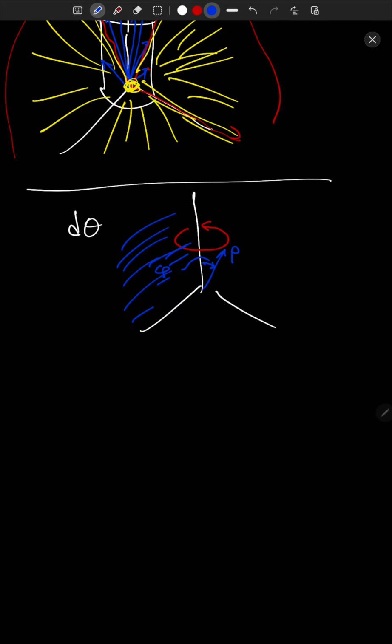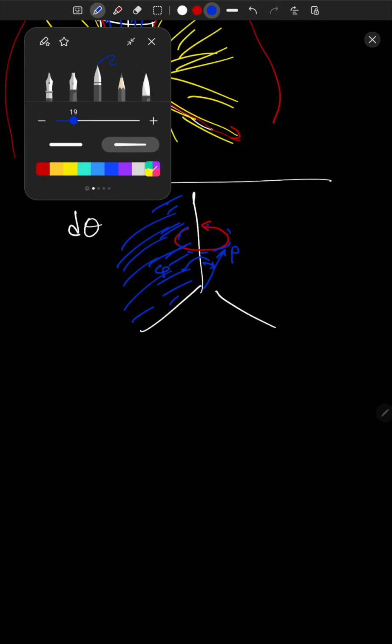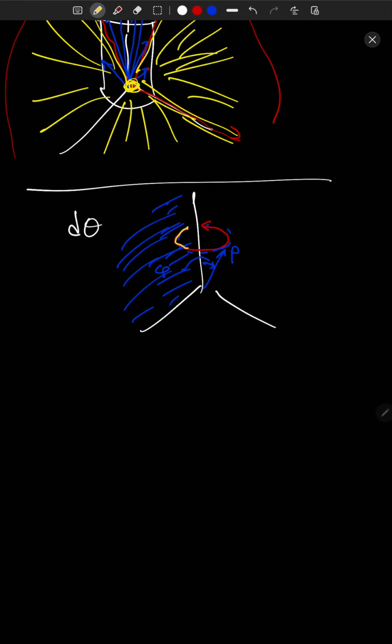And the areas that would be shadowed would be the ones blocked by this circular, in this case it would have to be like a circular ray of light. If it hits your region, then that means there's a shadow on your plane, and that means you need to consider it in terms of your phi and rho integral.